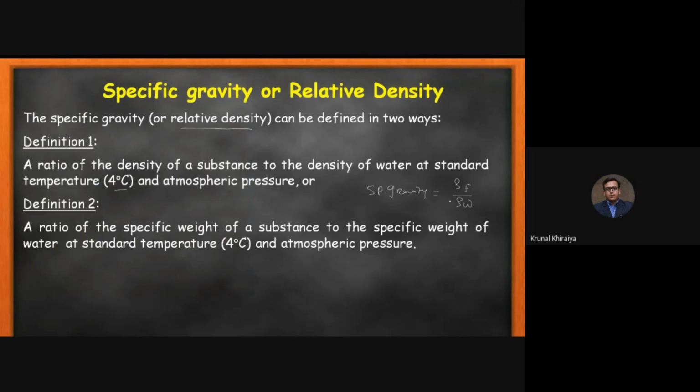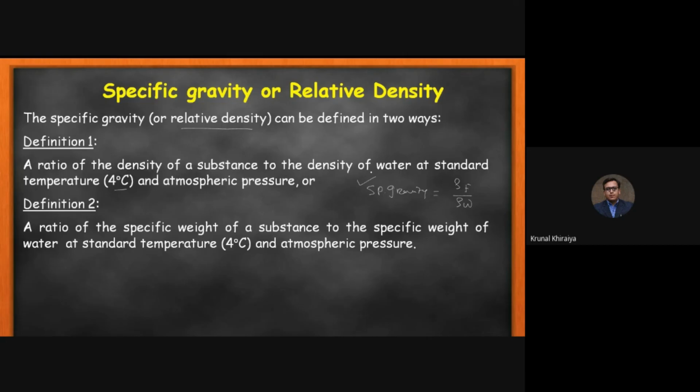If the density of the fluid is higher than water, then it is heavier, or if it is lower, then it is lighter. Suppose we take petrol, the specific gravity of petrol comes to about 0.8. So if you mix petrol and water, then definitely the petrol will float on the surface of water, and you can justify this from the specific gravity.